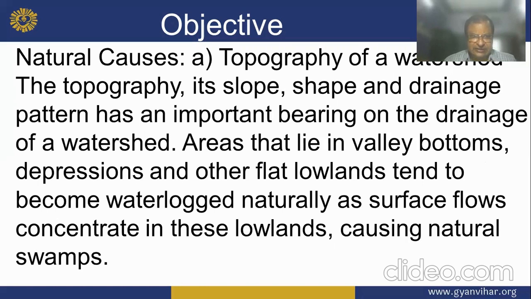The topography of the watershed, that is the slope and shape of the drainage pattern, has an important bearing on the drainage of the watershed. Areas that lie in valley bottoms, depressions and other flat lowlands tend to become waterlogged naturally as surface flows concentrate in those lowlands, causing natural dams.